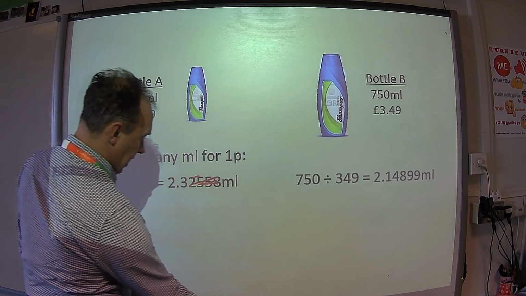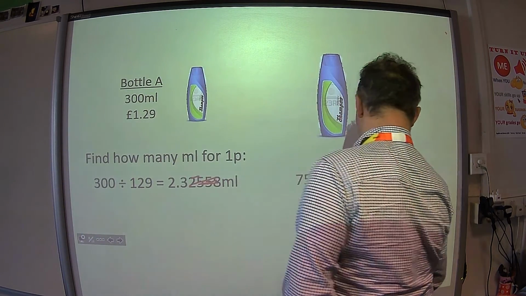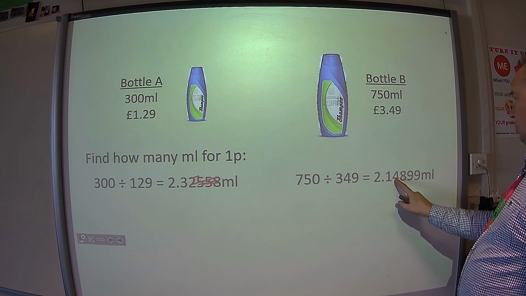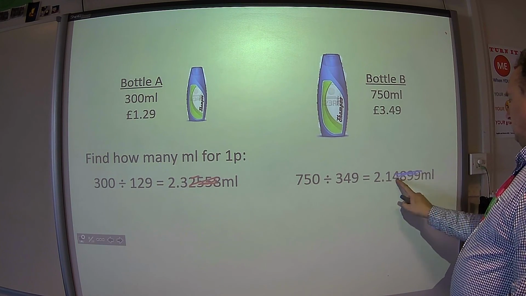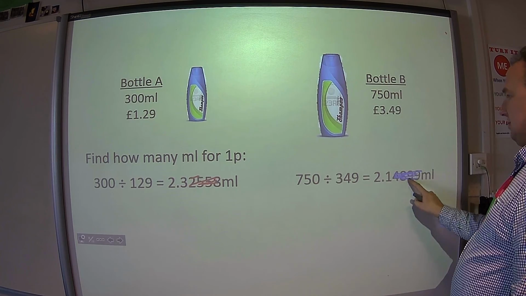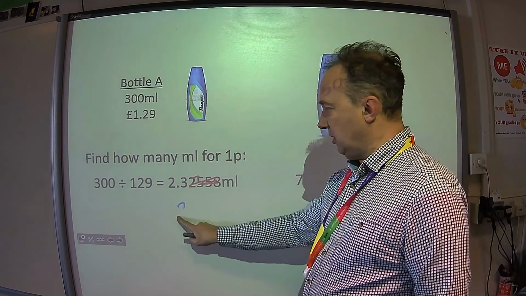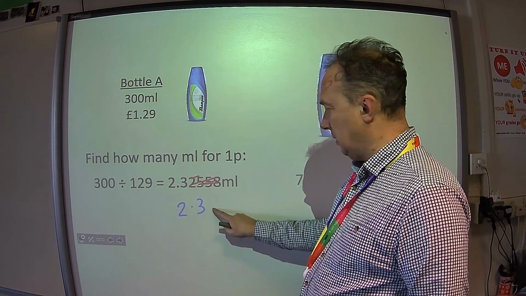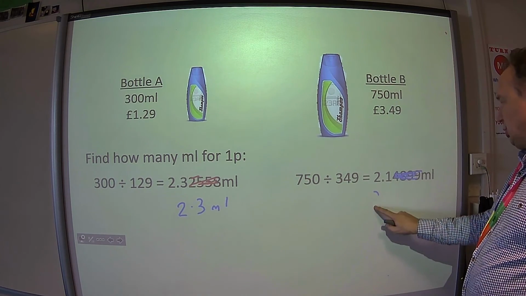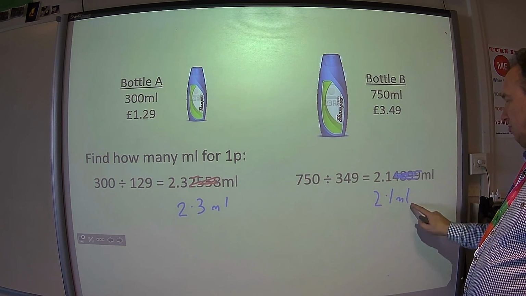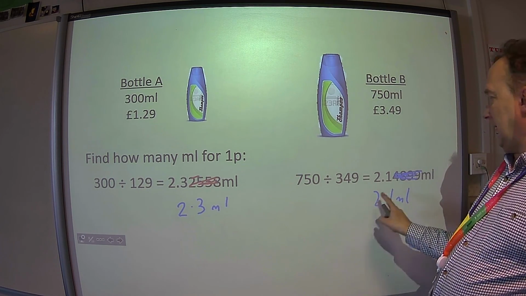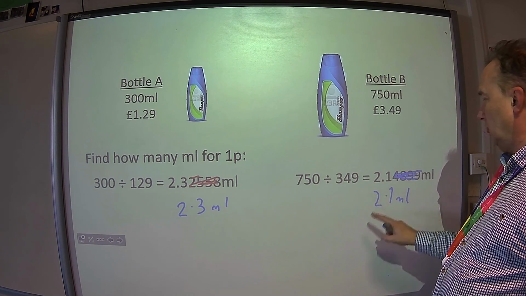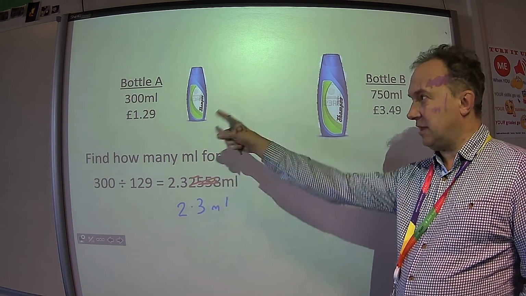If you look at this one, however, we get 2.15, call it 2.1 millilitres. So that was 2.3 millilitres for a penny. This one is 2.1 millilitres for a penny. So you can see you're actually getting more for your penny over there, so that's better value.